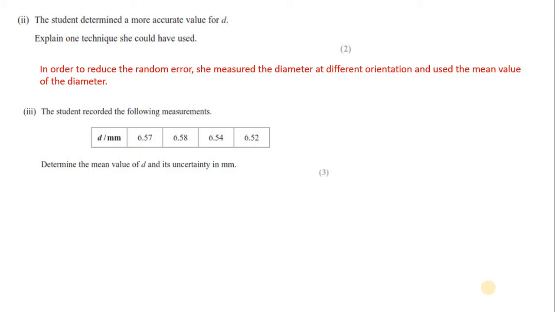The student recorded the following measurements. This is D. Determine the mean value of D and its uncertainty in millimeter. So for the mean value of D, you add all values together and divide by their total number, 4.